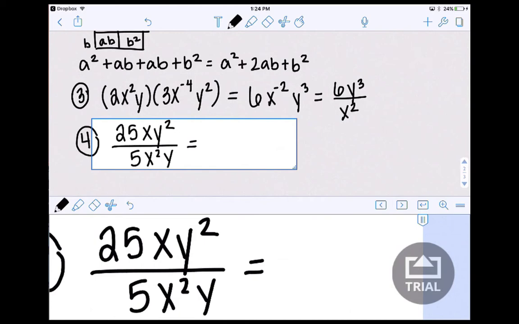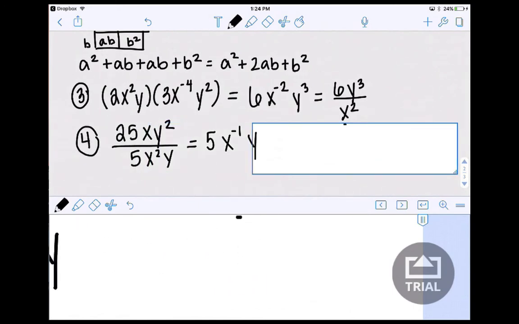So if I think about it, 25 divided by 5 is 5. So that I dealt with first. X over x squared. Now, that's subtraction because it's division of exponents. So I get 1, that secret 1 that's not written there, minus 2, which is x to the negative 1. And finally, I have y squared over y, so 2 minus 1 is just y.